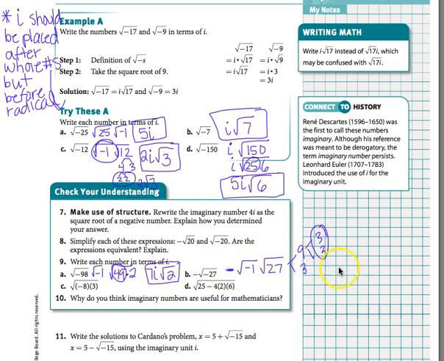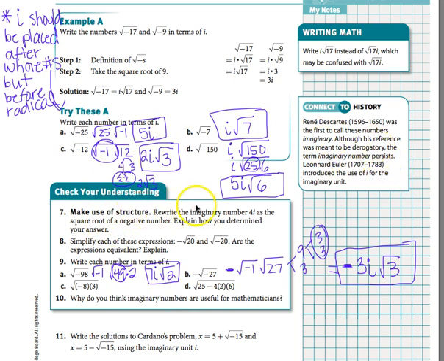You had a negative on the outside. That needs to be brought along. So negative on the outside. Then my whole number that came out was 3. This gives me my i, and then I still have a radical 3 left because of this 3 that could not go to the matching outfit party. So negative 3i radical 3 for your answer there.